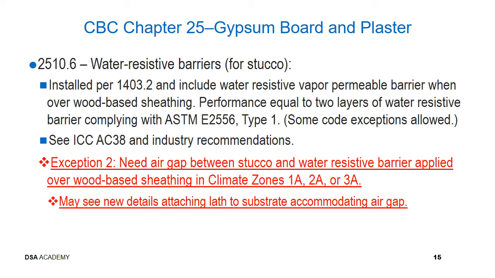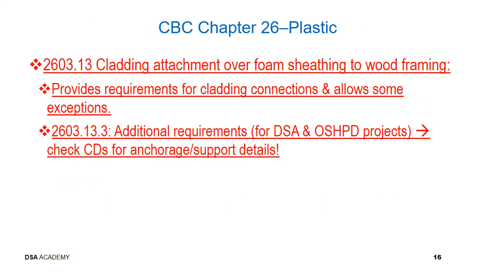Exception 2 states where the water-resistive barrier is applied over wood-based sheathing in climate zone 1A, 2A, or 3A, a ventilated airspace shall be provided between the stucco and the water-resistive barrier. CBC Chapter 26 addresses the use of plastic in building constructions and components.